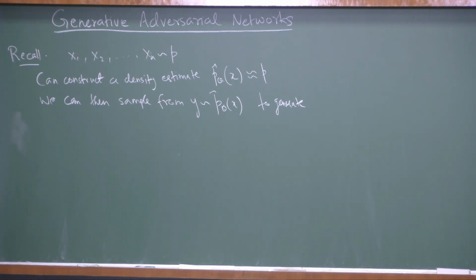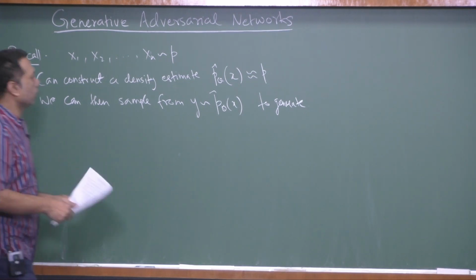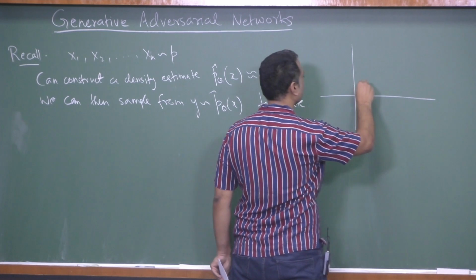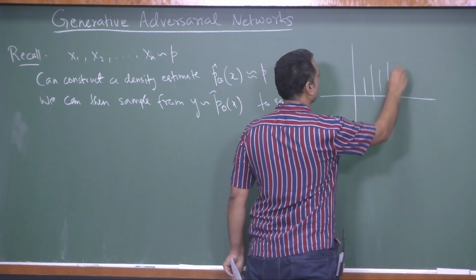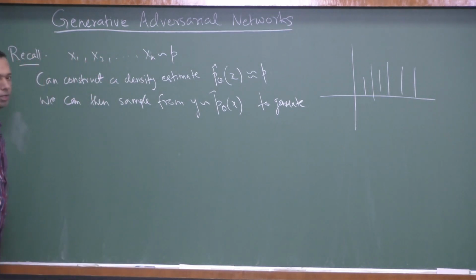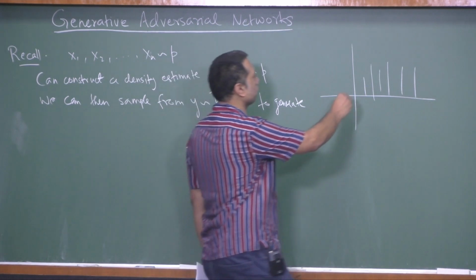That's one possibility. And in this case, as we have seen in the last class, we roll a die and then we form a histogram. A histogram is nothing but the PDF or PMF. So based on the data that I have, what I'm trying to do here is fit a PDF.